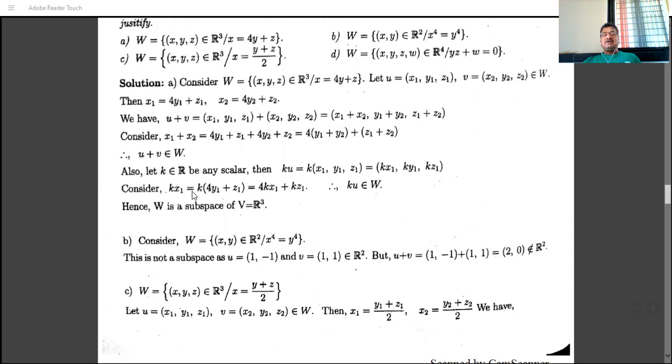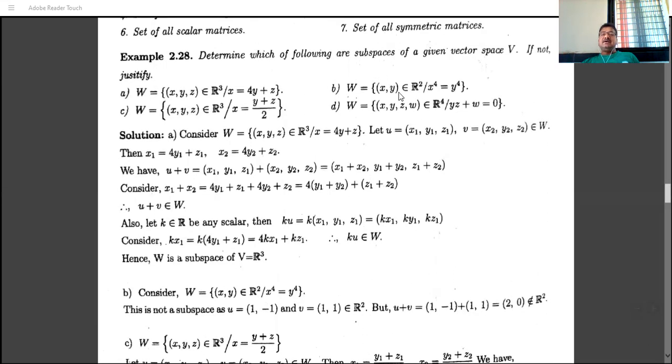So consider kx1 is equal to k times x1, and x1 is 4y1 plus z1, so it is equal to 4ky1 plus kz1. Therefore ku bar satisfies this property, and ku bar belongs to W. Therefore W is a subspace of R3. So similarly we will discuss the remaining examples in the next lecture.